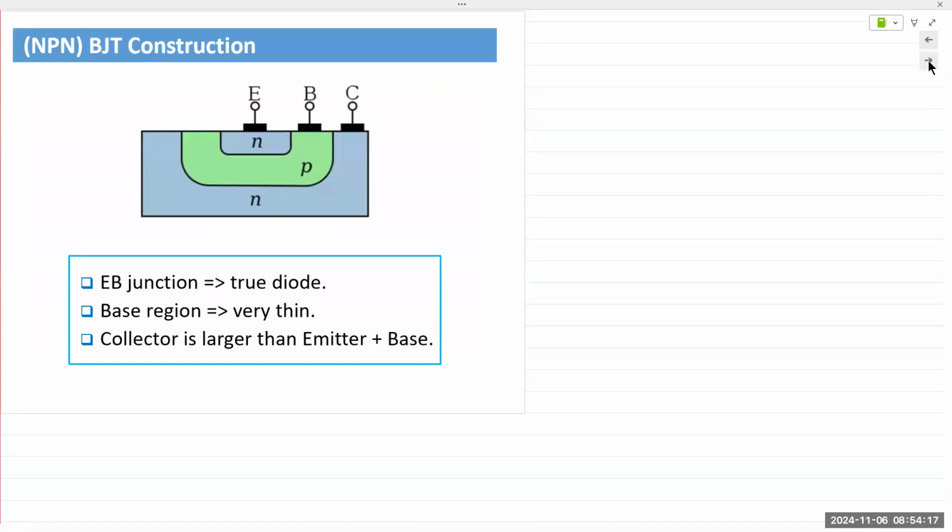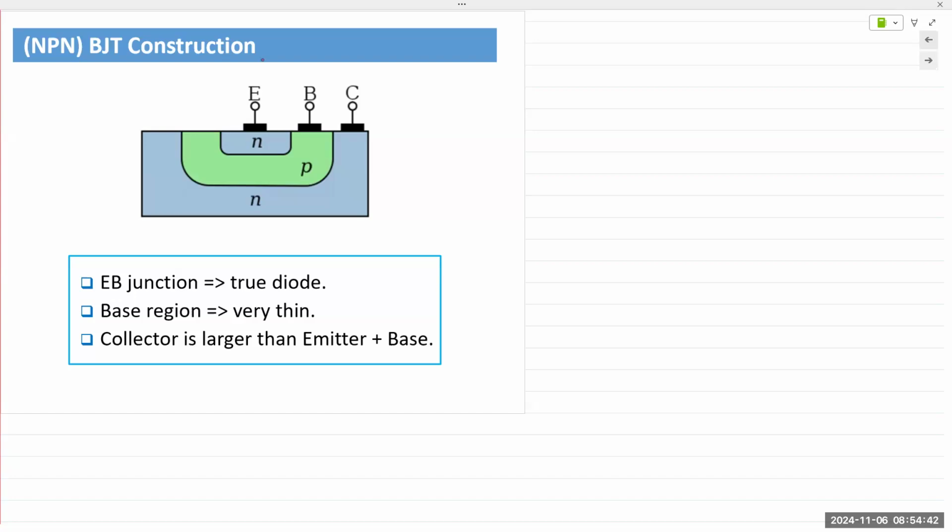So we said a BJT is two back-to-back PN junction diodes, but the physical construction is very different. Okay, the collector is the largest of the three terminals or the three regions. The collector region is the biggest. The emitter is by far the smallest.